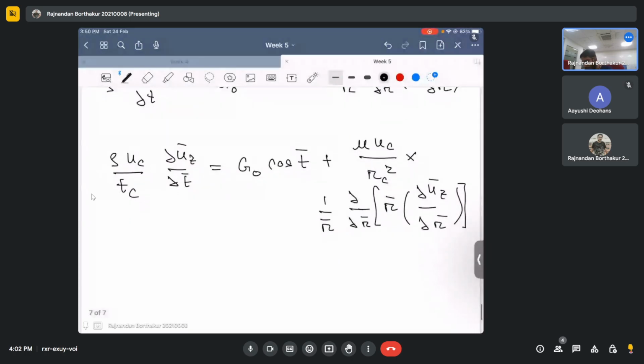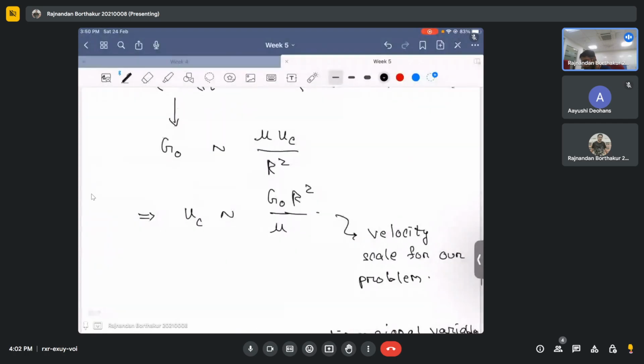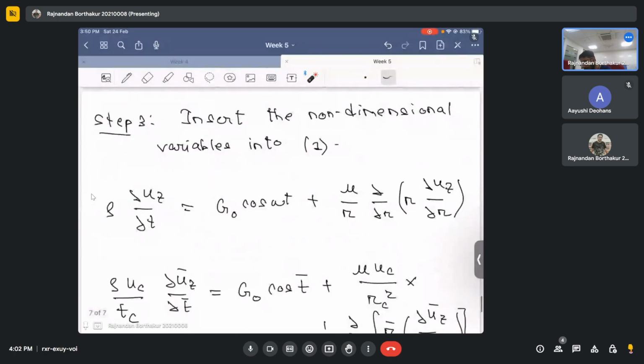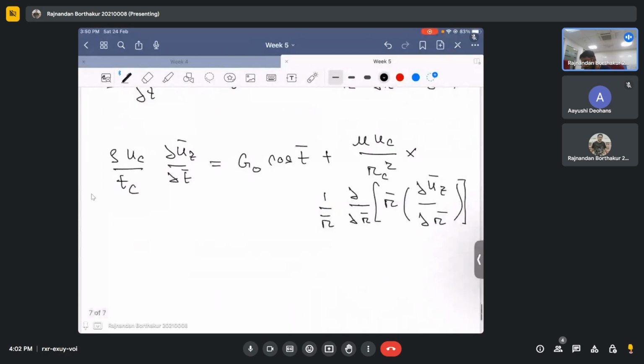All right, now since you already know that uc scales as g naught rc squared by mu, we will substitute the value of uc there. Let's see what we get. So it is rho, tc is just omega inverse, so this becomes omega.